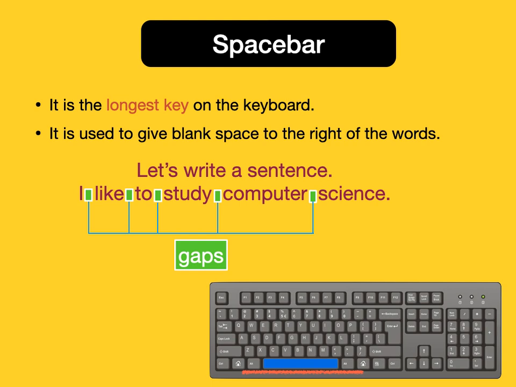Gap means it's a space that we have given with the help of space bar, which is the longest key on our keyboard. So in this manner you can write a sentence by giving space between the words.